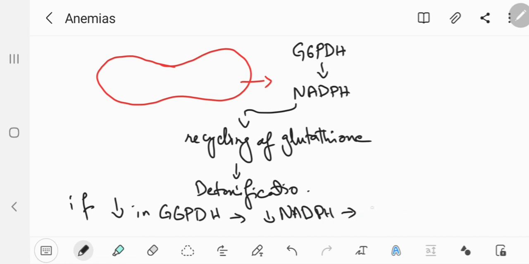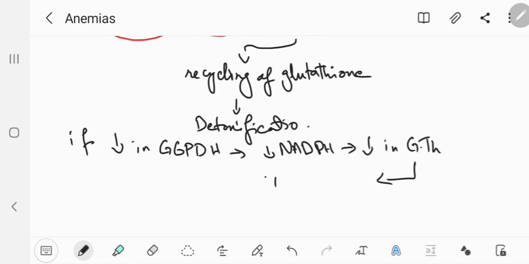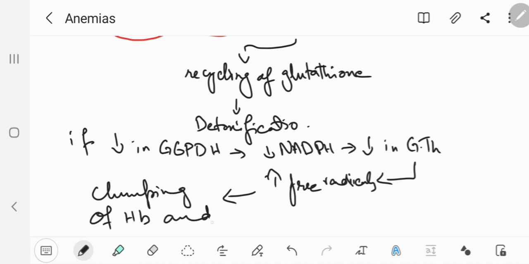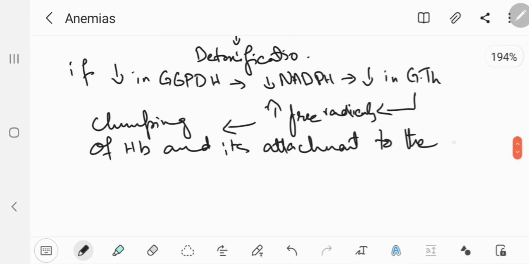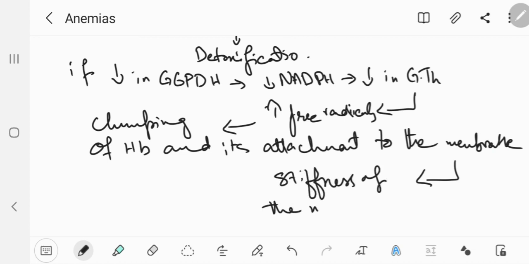So a decrease in glucose 6-phosphate dehydrogenase leads to decreased NADPH, which causes a decrease in active glutathione, hence causing increased free radicals and leading to clumping of the hemoglobin and its attachment to the cell membrane. Due to this, there will be stiffness of the cell membrane, which will then lead to hemolysis.